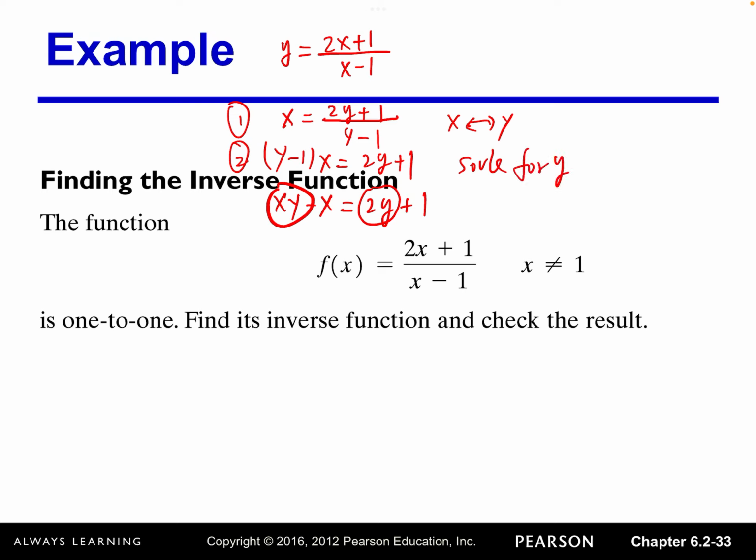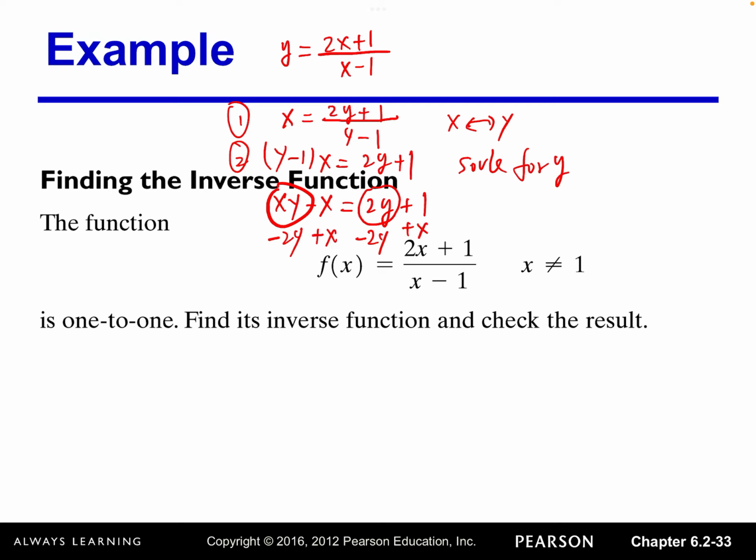That is our inverse function. So how do we solve for y? We need to move all the y terms to the left-hand side, and all the x terms and the constant term to the right-hand side. So we subtract 2y on both sides of the equation and then move the x to the other side.